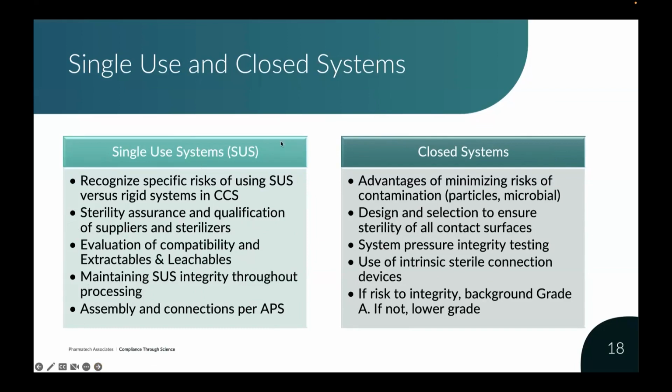For a single-use system, it is recognized that there are specific risks of using a single-use system versus a rigid system. So you really, in your contamination control strategy, have to recognize what those risks are and what you're doing about those risks, right? I mean, yes, you have a single-use system, and maybe that's very useful to you, but are you really defining what those risks are versus your typical rigid tanking and piping systems, right?